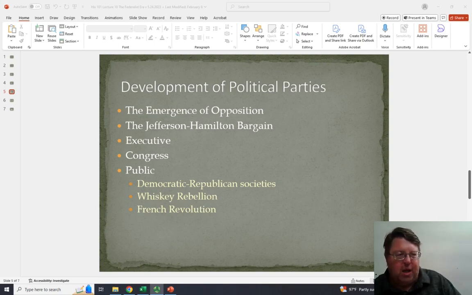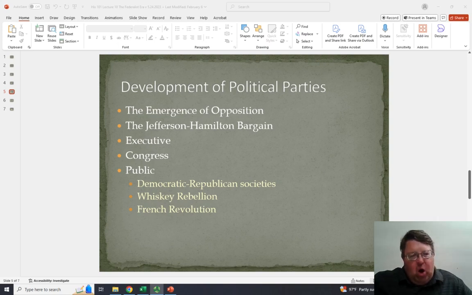The Jefferson-Hamilton bargain is, number one, they stop arguing long enough to encourage Jefferson to run for president again. In Washington's first term, he almost didn't run for re-election because he got sick of the arguing between Jefferson and Hamilton. The second aspect is that there's a good amount of opposition in Congress to Hamilton's plan, because even among Hamilton's supporters, some of his policies are pretty radical.